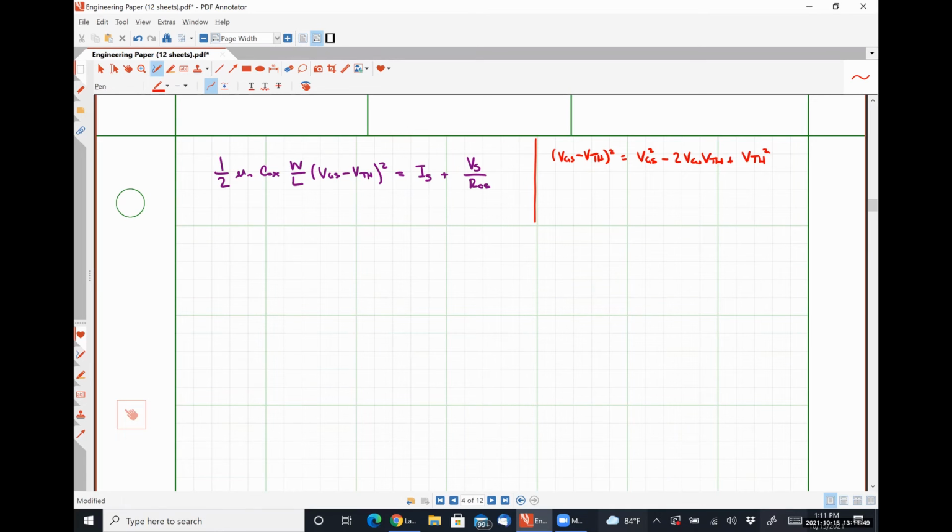And since VGS squared is equal to (VG minus VS) squared, that portion is going to look like VG squared minus twice VG VS plus VS squared.